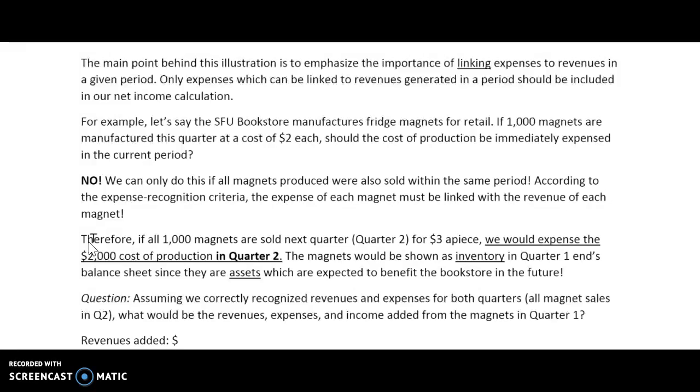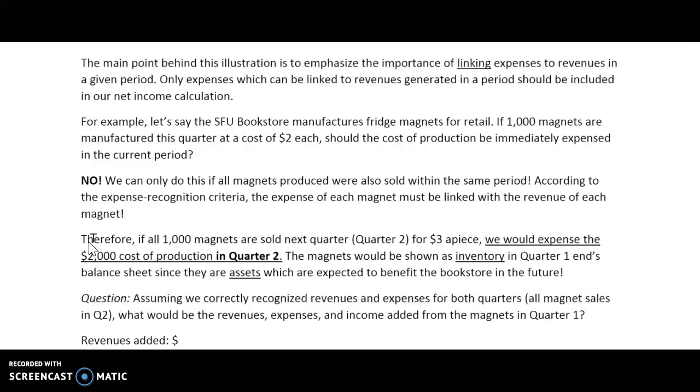And the answer is no, according to the matching principle. We can only do this if all magnets produced were also sold during the same period. According to the expense recognition criteria, the expense of each magnet must be linked with the revenue of each magnet.